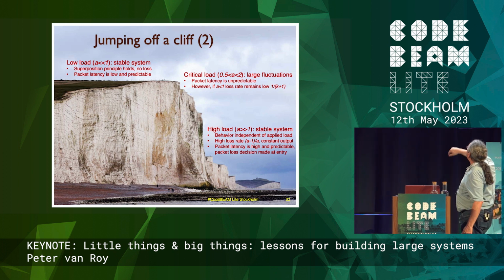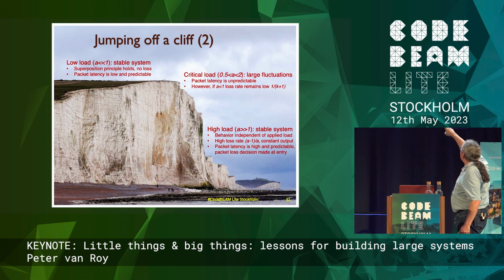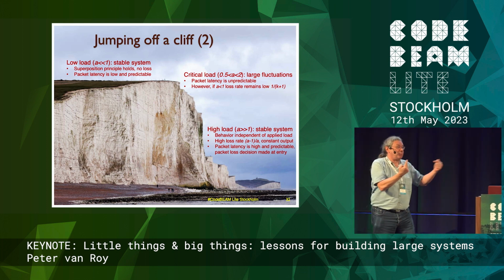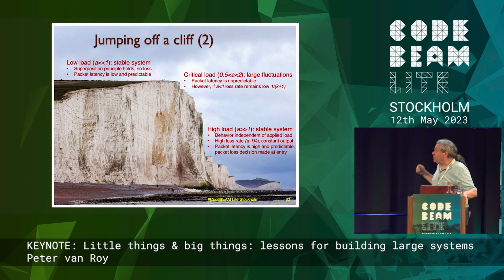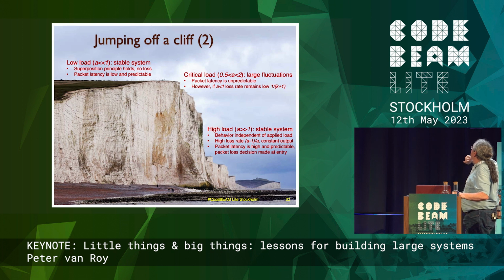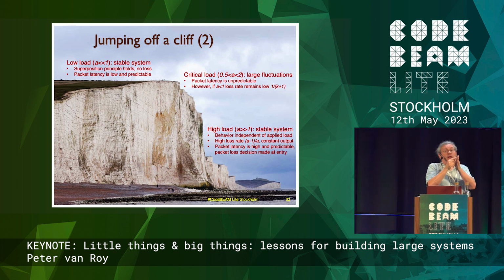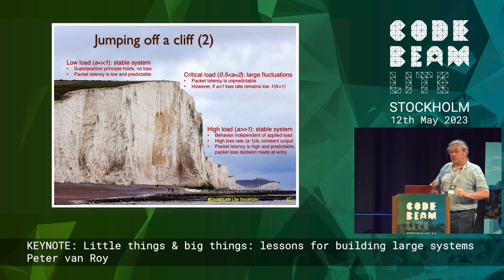The behavior is independent of the applied load. You have a very high loss. The output is constant, equal to 1, but the input is much bigger. The output is equal to 1. And the packet latency is high, and it's predictable, because the loss decision is made at the entry of the system, okay? If the buffer is full, you drop it immediately.